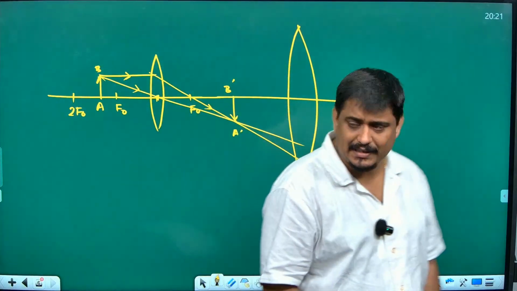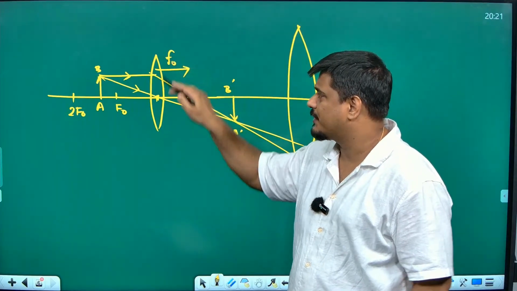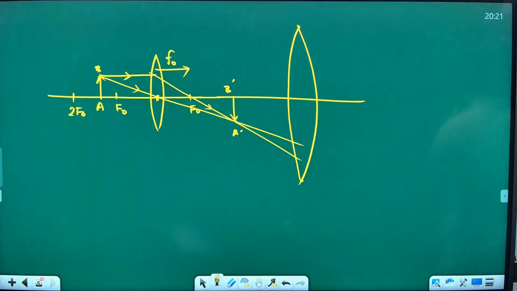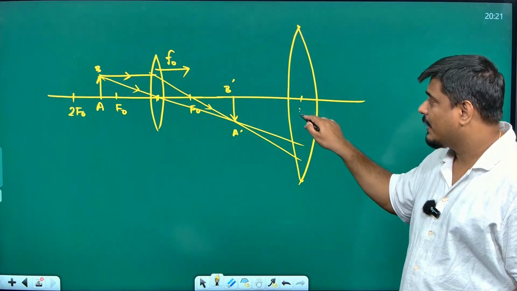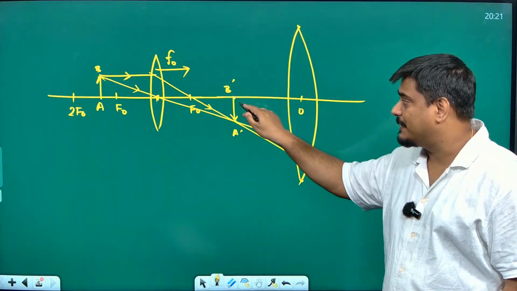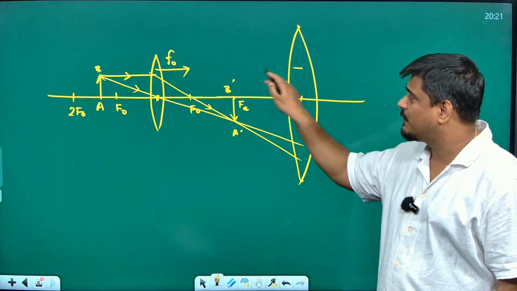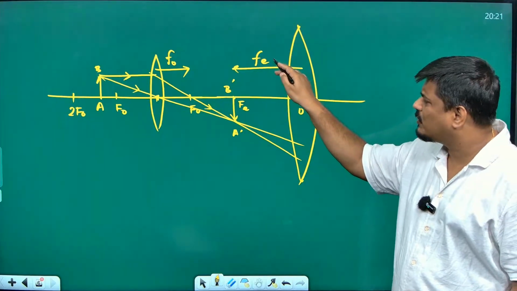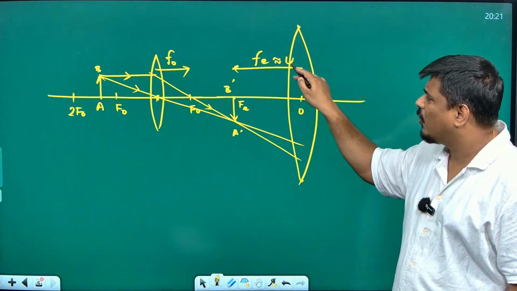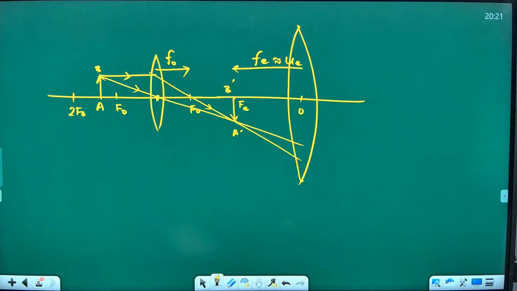Do you agree that this is the focal length of the objective? Right. The image is forming at the focus of the eyepiece. That's what they say. This distance will become the focal length of eyepiece, can also be written as UE. That's what they are meaning in the NCERT.